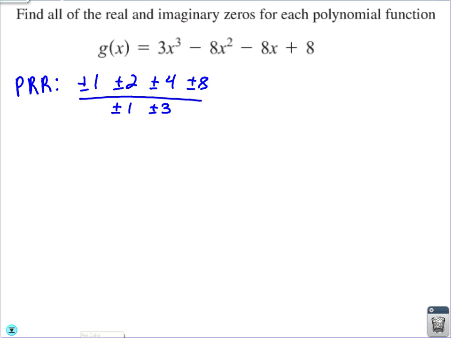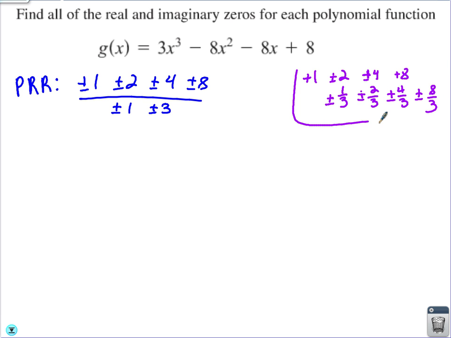All the combinations of those: 1 over 1 is 1. 2 over 1 is 2. 4 over 1 is 4. And 8 over 1 is 8. Then 1 over 3, and, let's see, 2 over 3, 4 over 3, and 8 over 3.